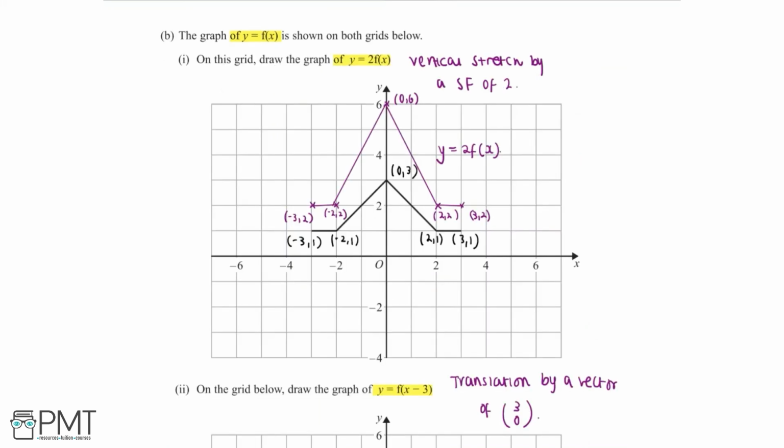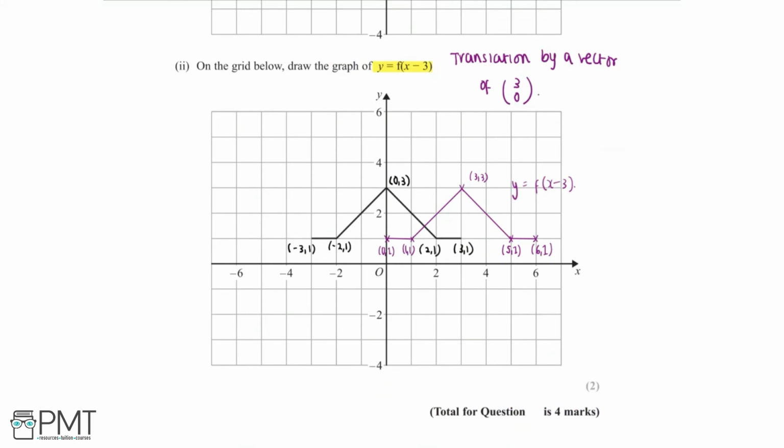Now in part B, the first part of part B is worth 1 mark, and we get this 1 mark by correctly drawing the graph of y is equal to 2f of x. And in the second part of part B, we get 1 mark for correctly drawing the graph of y is equal to f of x minus 3. And so we've now achieved the full 4 marks needed to get full marks in this question.